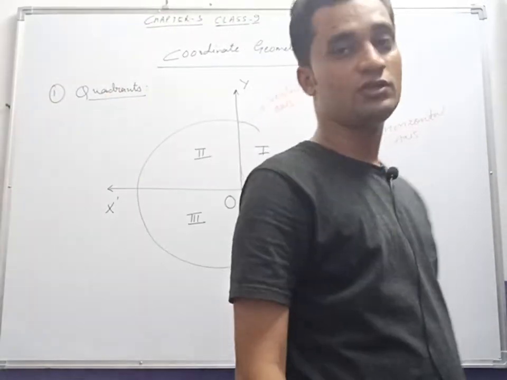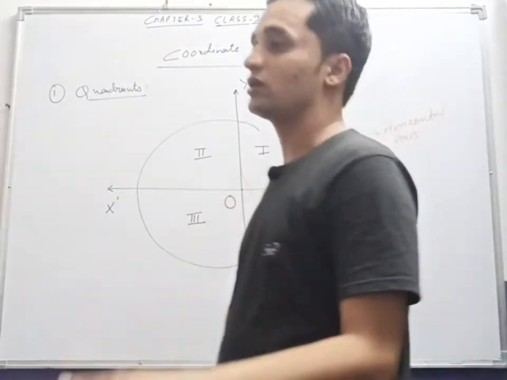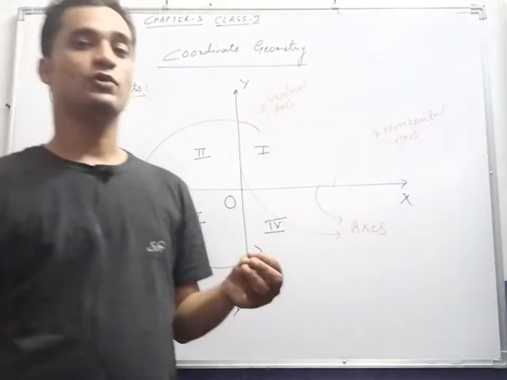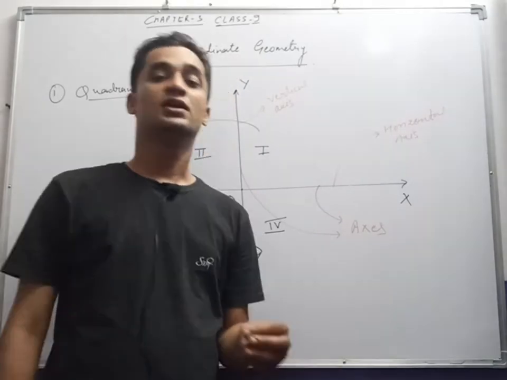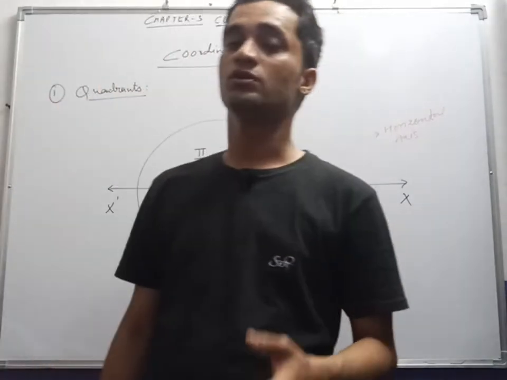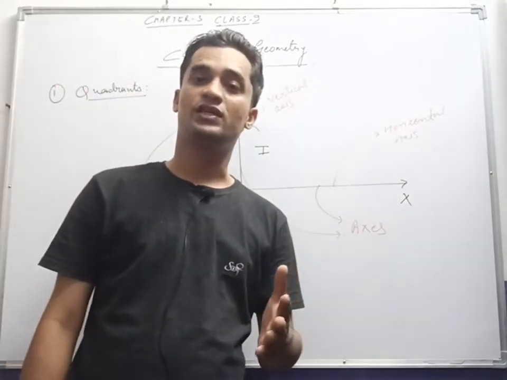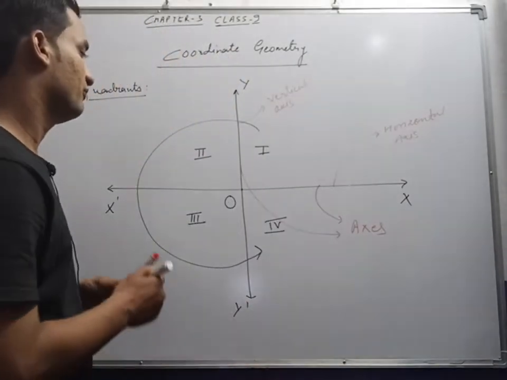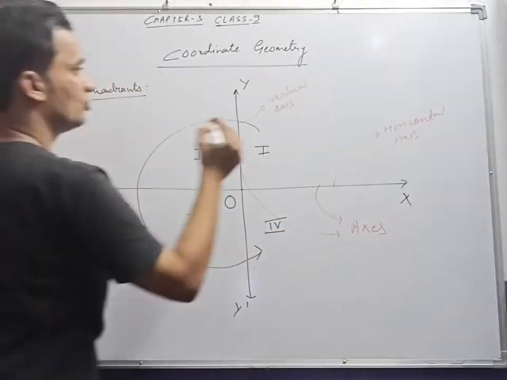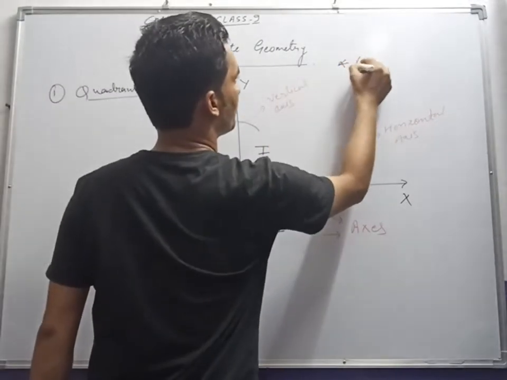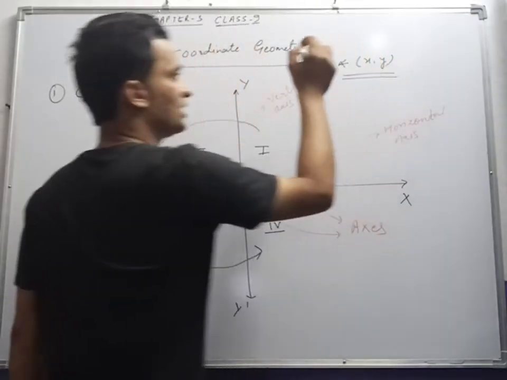All the quadrants have signs also, meaning if a point lies in the third quadrant, what will be the sign of that point, and if it lies in the second? So let us discuss the sign for each quadrant. First, one more thing, make a note, put a star: coordinate is always denoted like x comma y.